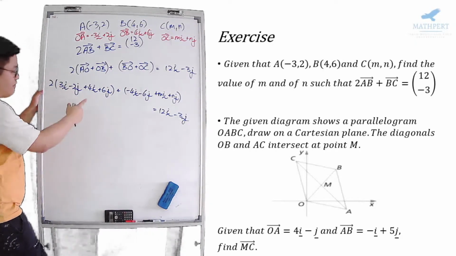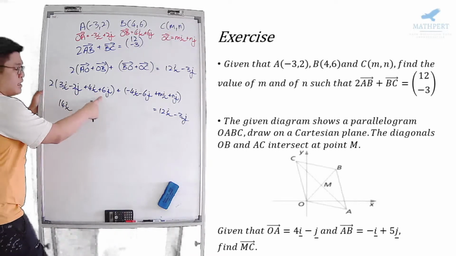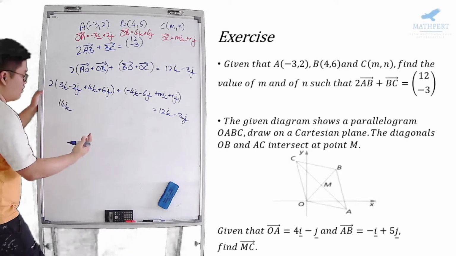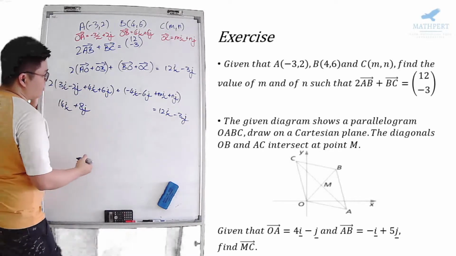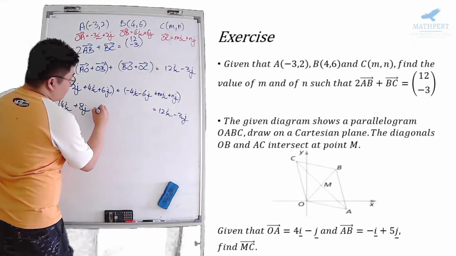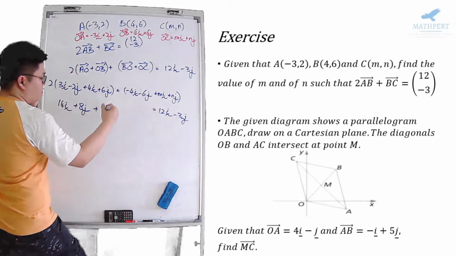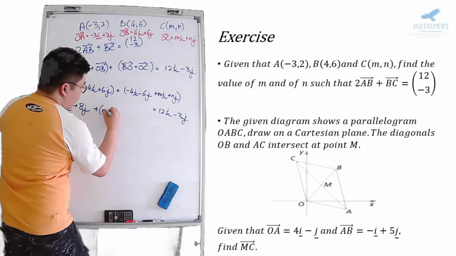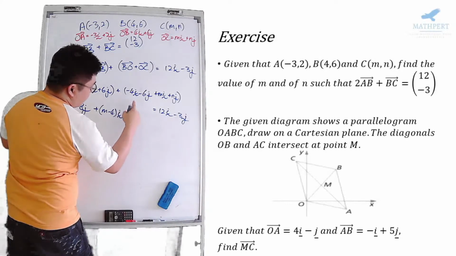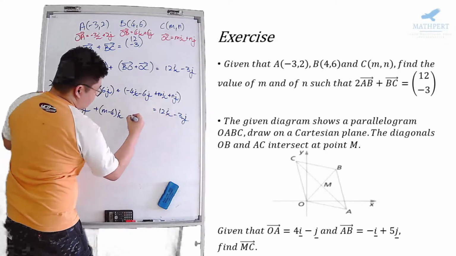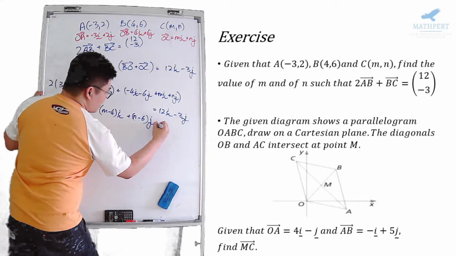Okay, so 3i plus 4i is 7i. 7 multiplied by 2, I get 14i. Negative 2 plus 6, I get positive 4j. 4 multiplied by 2, I get 8j. Plus negative 4i plus m, so it will be m minus 4 i. And then negative 6j plus n, I get n minus 6 j.